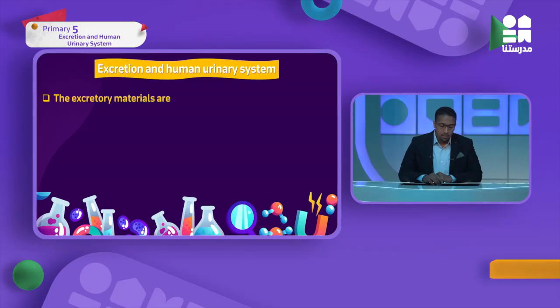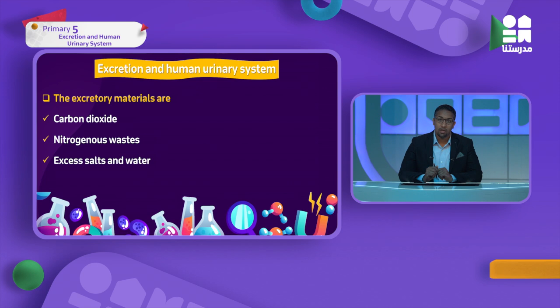The excretory materials are first carbon dioxide gas, number 2 nitrogenous wastes, number 3 excess salt and water. Carbon dioxide and nitrogenous waste are poisonous wastes. حاجات سامة لازم جسمنا يتخلص منها.